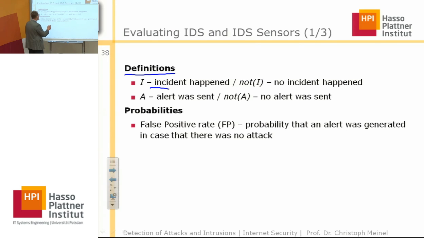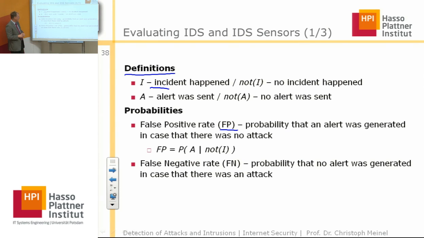So the false positive rate, FP, is the probability that an alert was generated in case of no attack. This can be computed as the probability that the alert was raised while no incident happened.